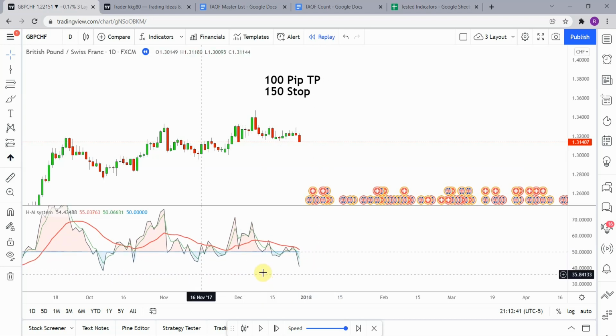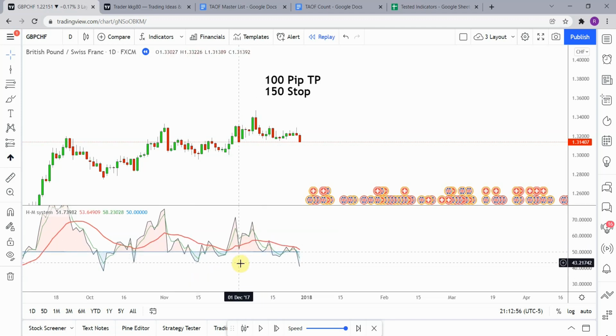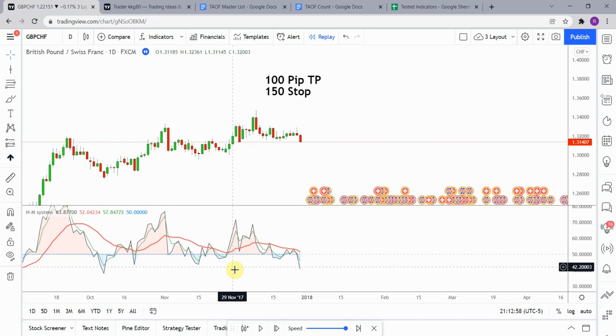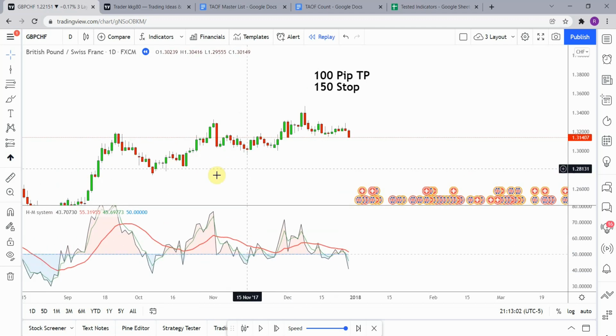We are looking for this black line to pivot on that. When the black line breaks down below the 50 marker, that would be a short opportunity. When it breaks up above that 50 marker, that would be a long opportunity.